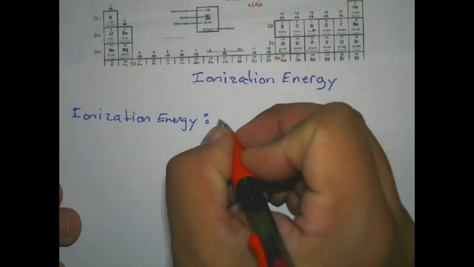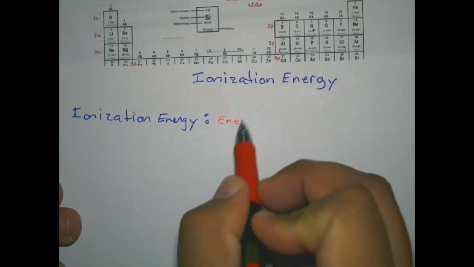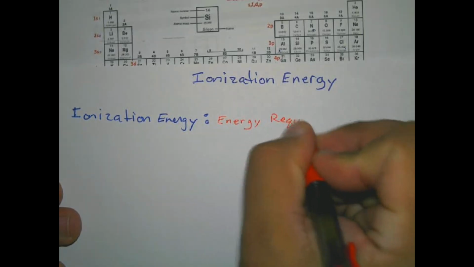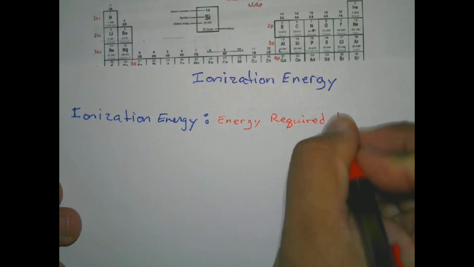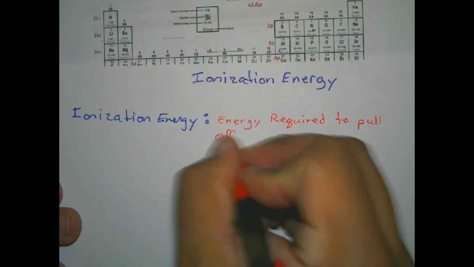Today, we're going to be talking about ionization energy. Okay? Now, what is ionization energy? Ionization energy is the energy required to pull off an electron.